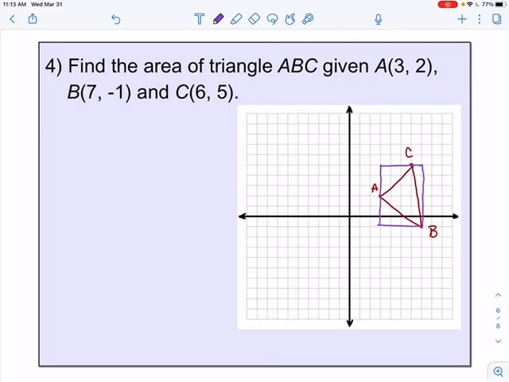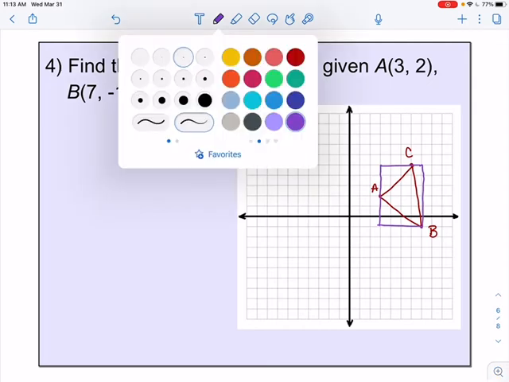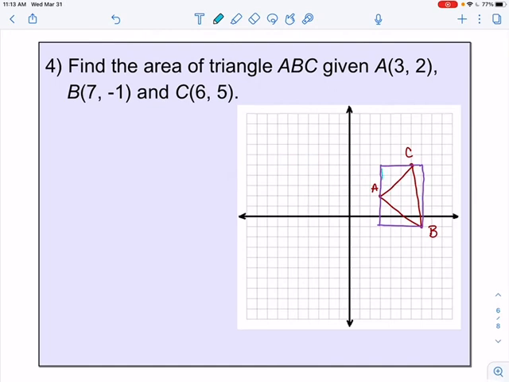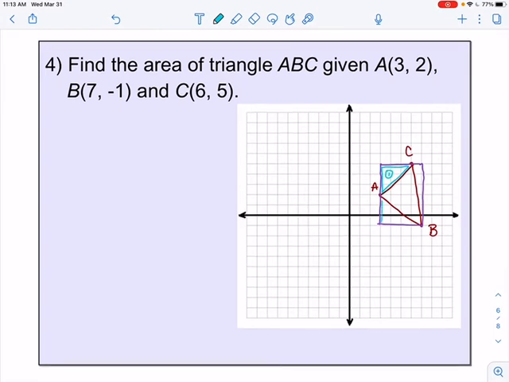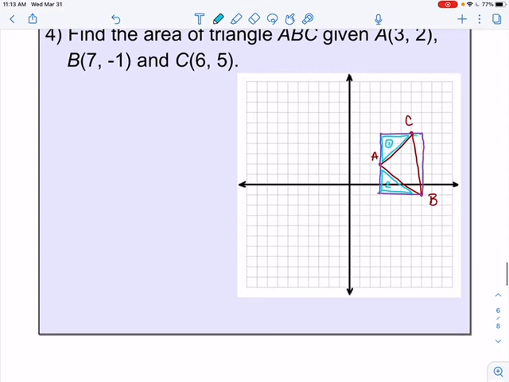Once I find that, I'm then going to start subtracting out these blue small triangles. So I'm going to subtract out the area of triangle 1. I'm going to subtract out the area of triangle 2. It's going to be really hard for me to trace. And I'm going to subtract out the area of this third triangle over here. So if I take that purple rectangle and get rid of those 3 triangles, it's going to leave me with that burgundy triangle again in the middle.